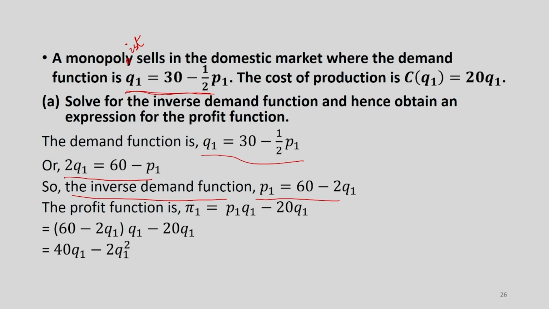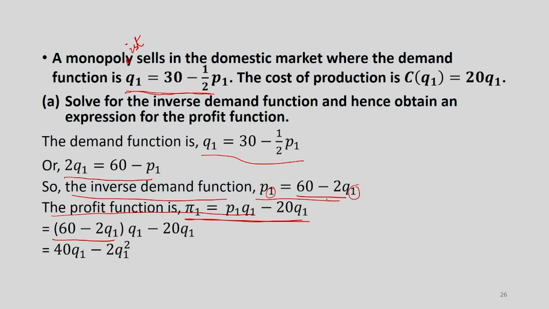Now, you might be wondering at this stage why we are talking about this subscript 1 all the time. That will become clearer later on when we introduce another market, right. Now, the inverse demand function has been found out. So, therefore, the profit function can be found out by using that profit is equal to revenue minus cost, and therefore, I get (60 minus 2 Q1) times Q1.